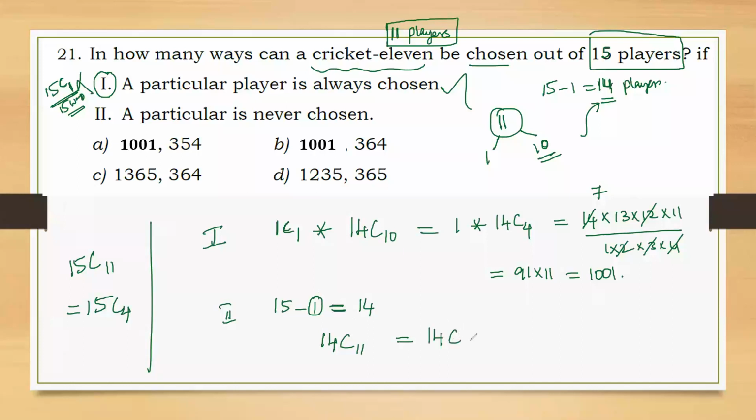From 14, you are going to select 11. You can write 14C11 as 14C3. Both are the same, right? 14 times 13 times 12 divided by 1 times 2 times 3. So 2 threes are 6, 6 twos are 12, 28 into 13, I think the answer will be 364. The option will be B, right?